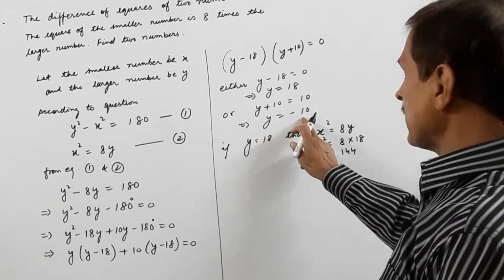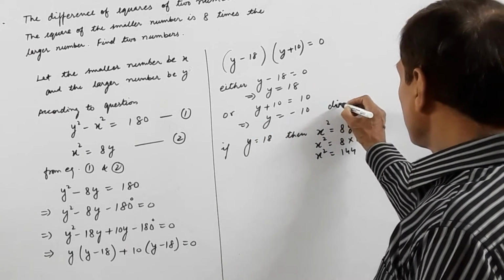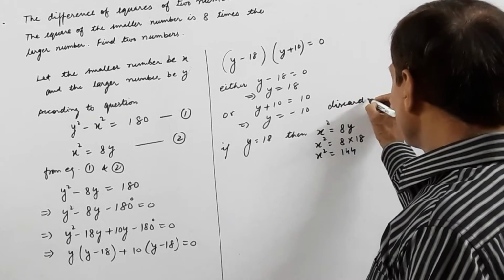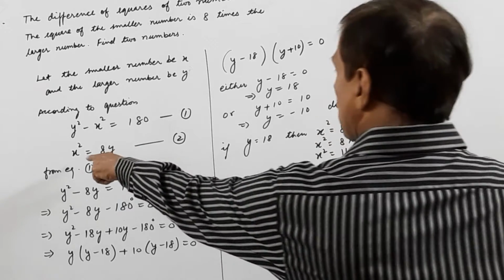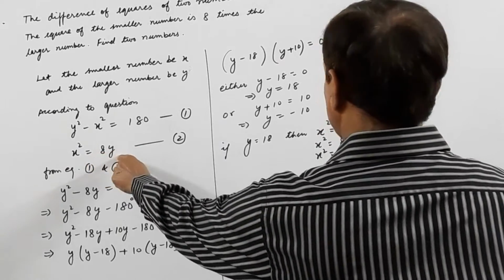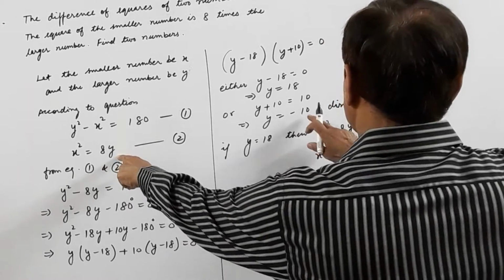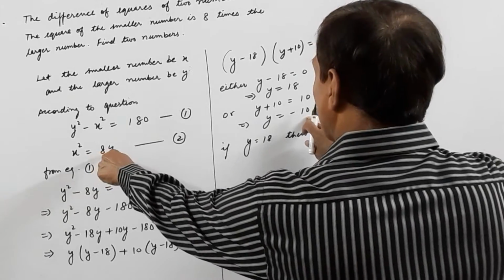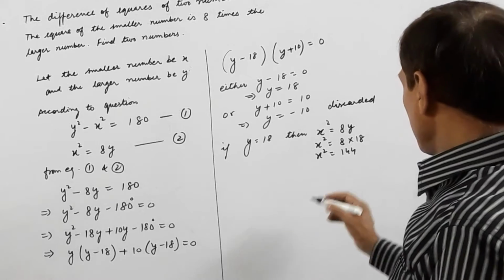y equal to minus 10 is discarded because x square is equal to 8y, and if we take y equal to minus 10 then x square can't be negative.